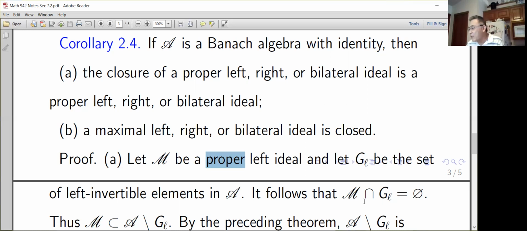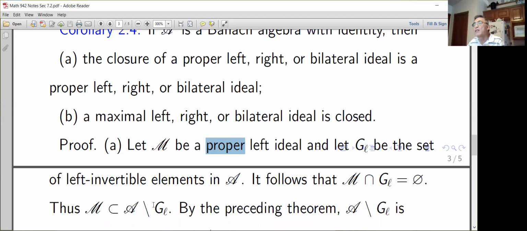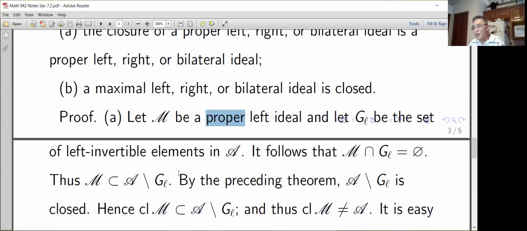Okay, so M intersect G_L is empty. So this says M is contained in A minus G_L. But G_L is open, so A minus G_L is closed.